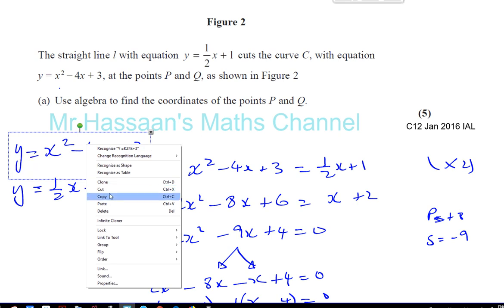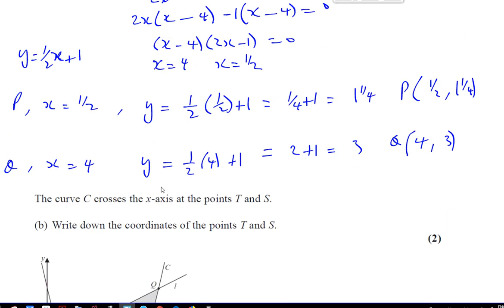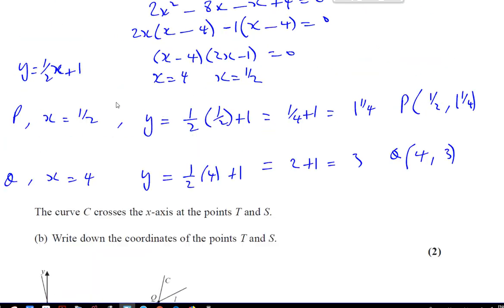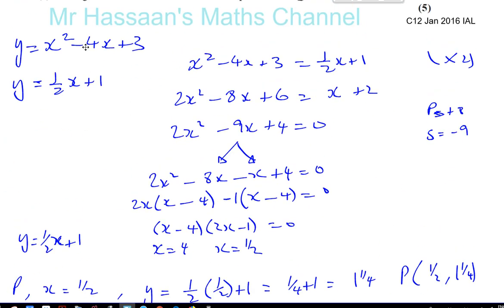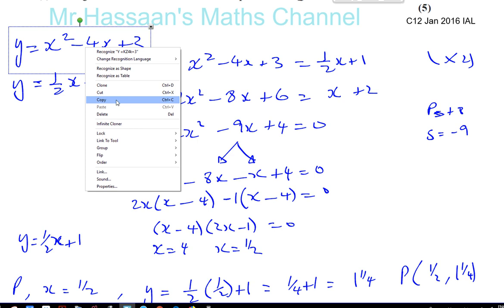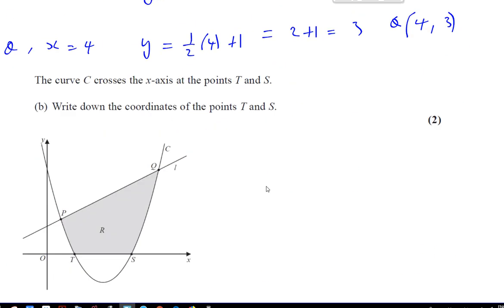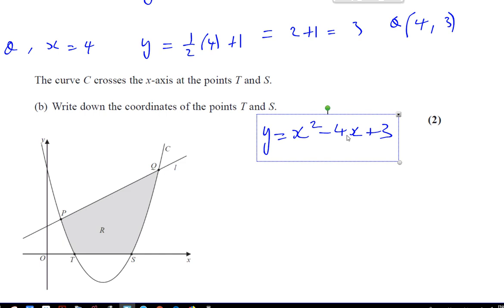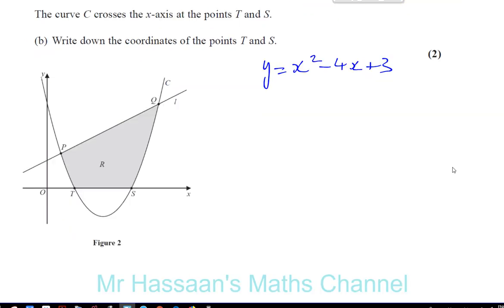Okay, so let's just put that here. Okay, so that's the equation of the curve, and it's asking us to find the places where it crosses the x-axis, where T and S are. So we need to write down the coordinates of the points T and S.